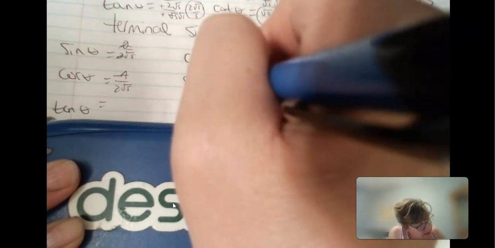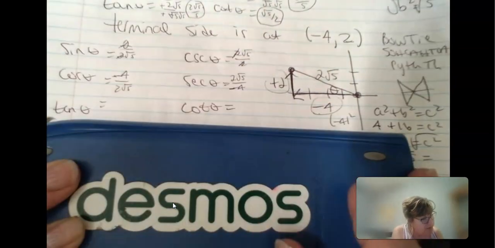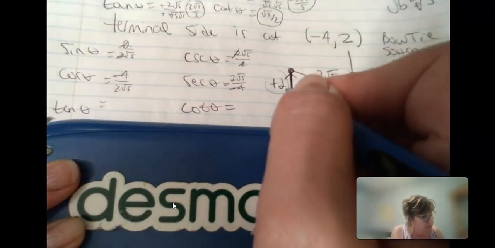So -4 over what? 2 square root of 5. And again, I'm going to reciprocate it before I do too much. And I'll deal with the 2 in common there too in a little bit. I probably should have waited there. Tangent is what? Opposite over adjacent. So 2 over -4, and again, flip that: -4 over 2.